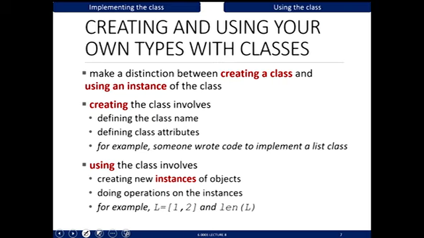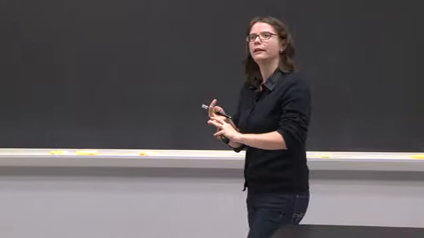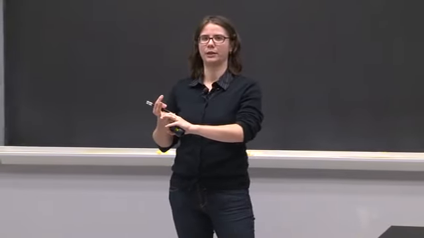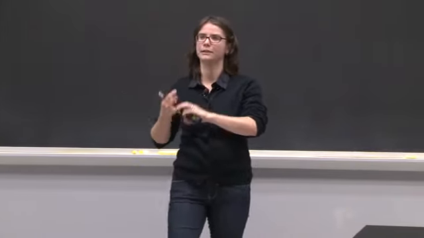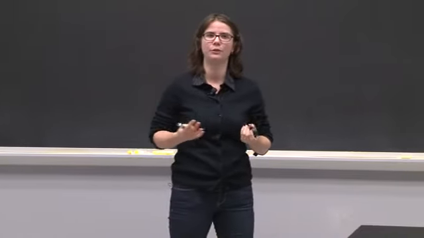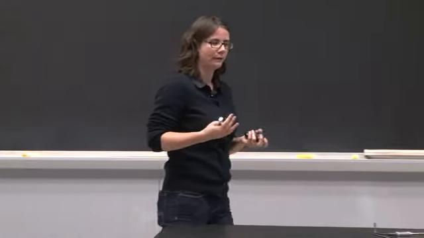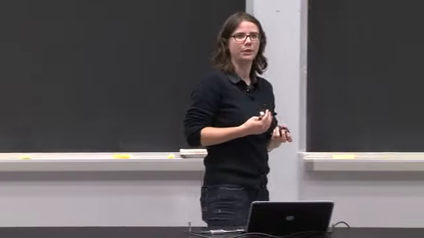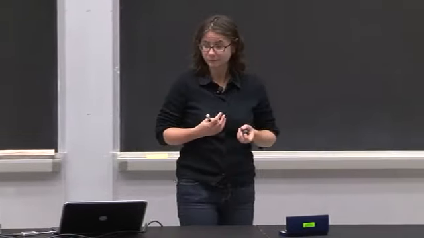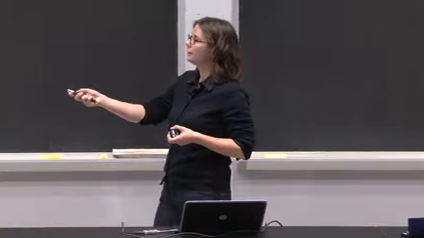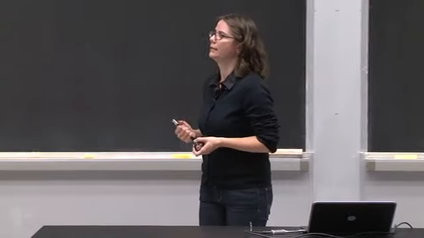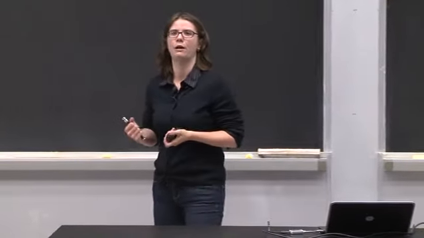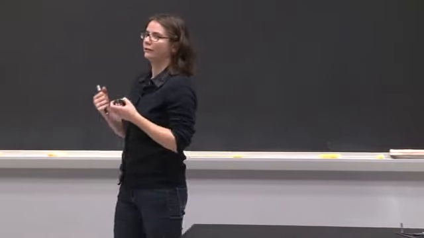And the attributes are going to be the data representation and ways that you can interact with your object. So you, as the programmer of this class, are going to decide how you want people to interact with your object and what data this object is going to have. So for example, someone wrote code that implements a list class, right? And we don't actually know how that was done, but we can find out.